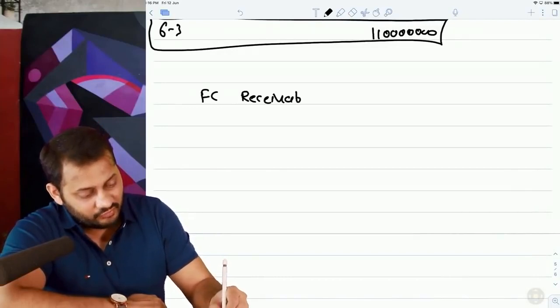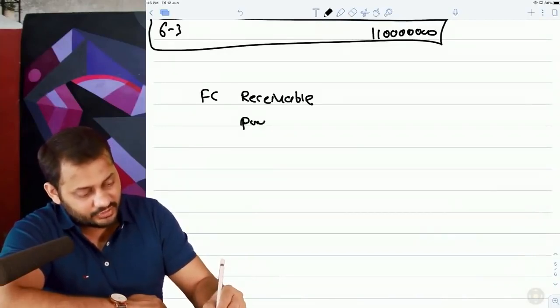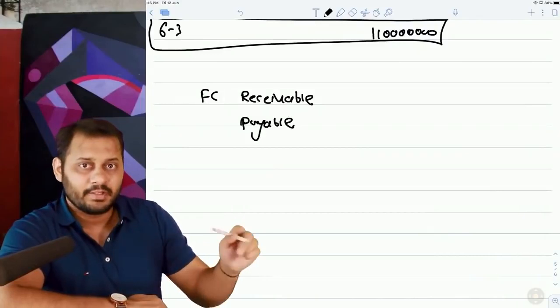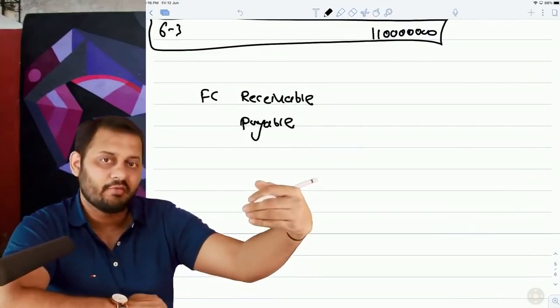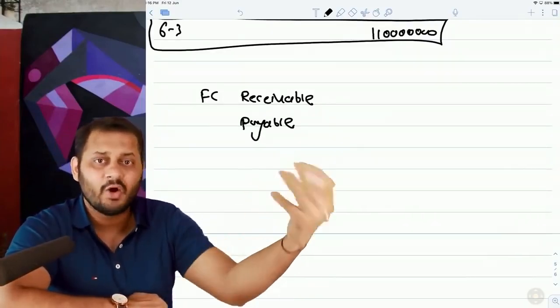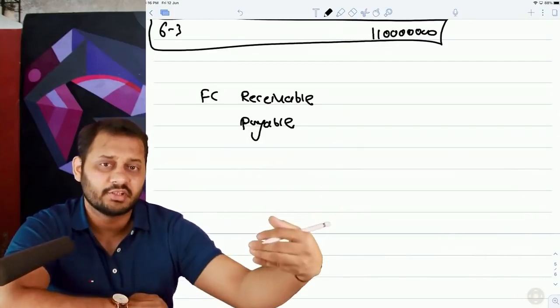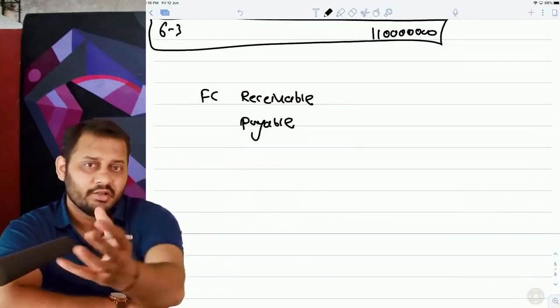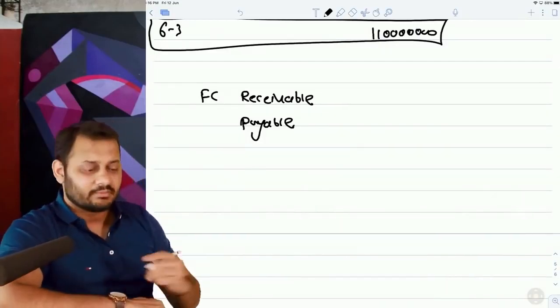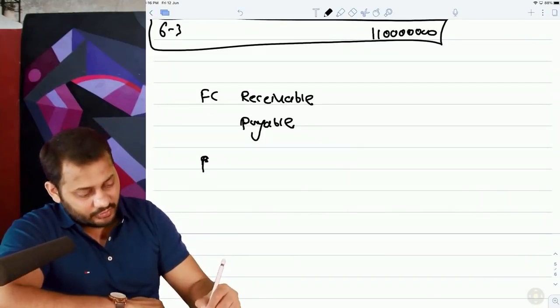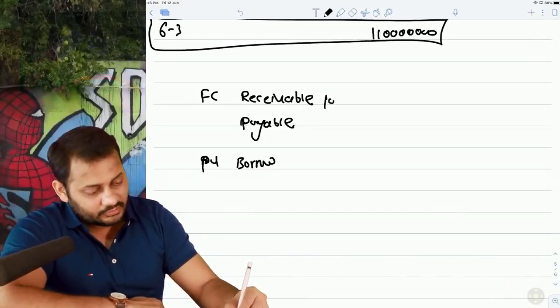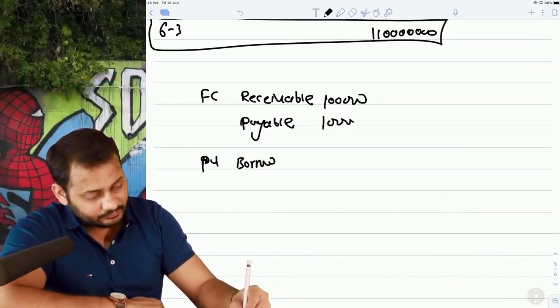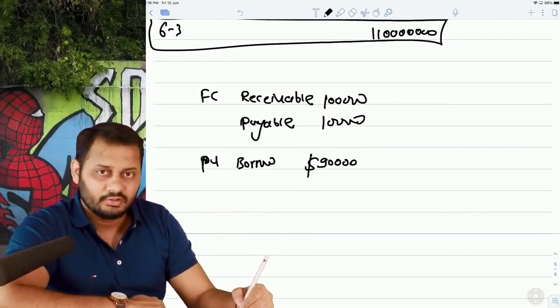In the same way, we used to deal with the situation of foreign currency receivable. So if you have a foreign currency receivable, you used to create foreign currency payable. Payable means after 3 months, you will pay them. In which situation after 3 months or 6 months will you have a payable? If today you have received some money. So what you are going to do, you will borrow the present value of payable. So let's say this is $1 lakh. Today you borrow $90,000 from them.